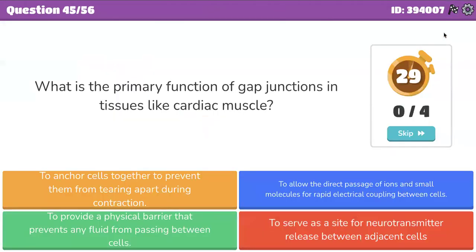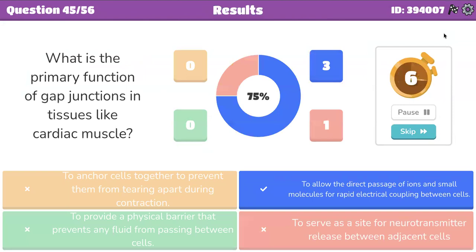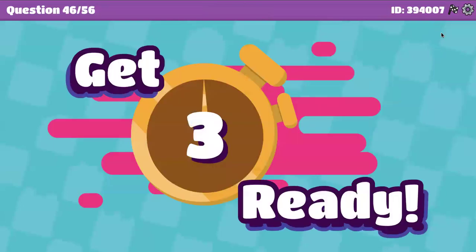What is the primary function of gap junctions in tissues like cardiac muscle? To allow the direct passage of ions and small molecules for rapid electrical coupling between cells.